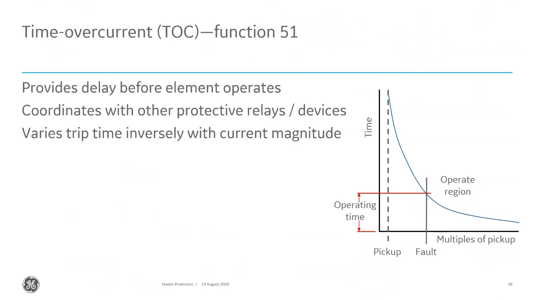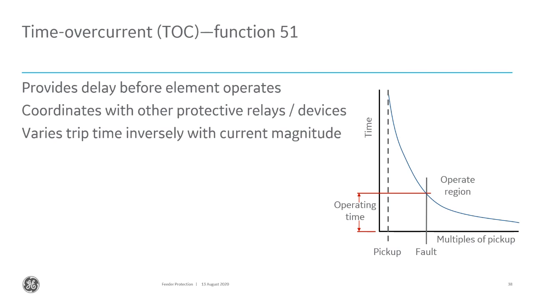Then we have the inverse time overcurrent relay element. It provides some delay before the element operates. So for anything close to the pickup, you can see the time is much higher. What that helps us with is that small fault current levels could be transient or self-clearing in nature.